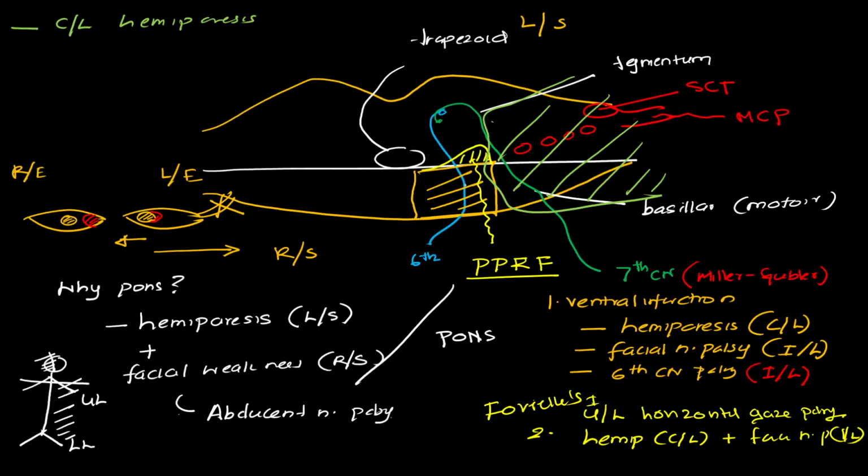Then the sixth cranial nerve is usually spared because it is present in a more medial aspect. It is spared. However, the sensory tracts I mentioned, the medial lemniscus, the spinal lemniscus, the trigeminal as well as the lateral lemniscus, are involved.